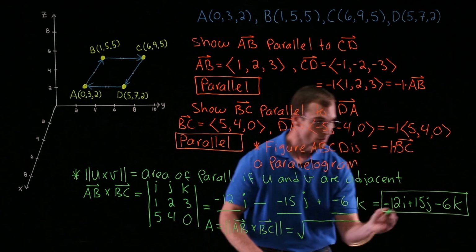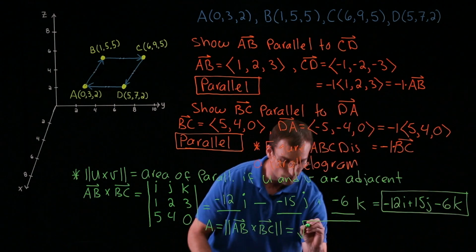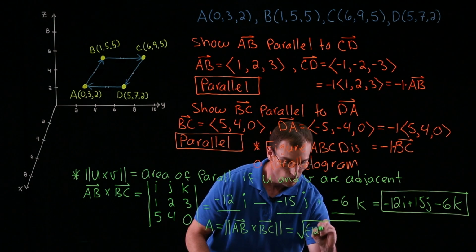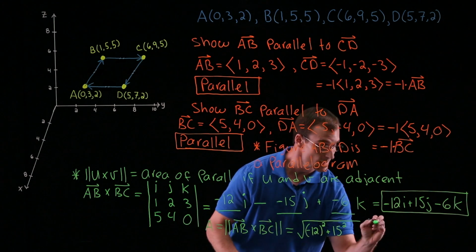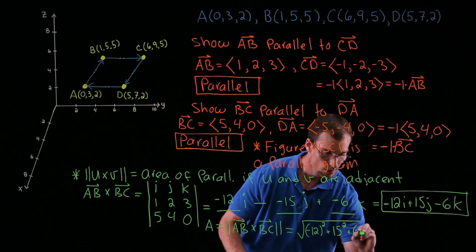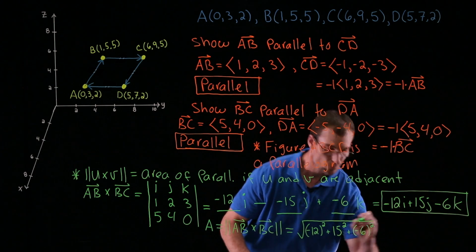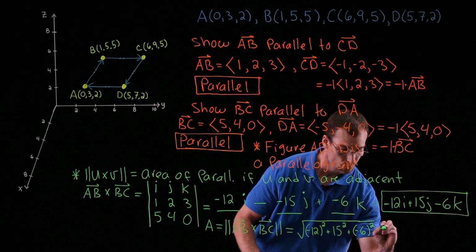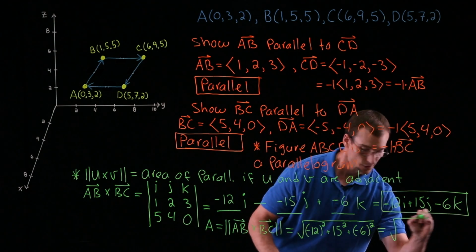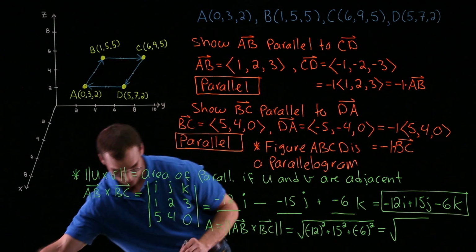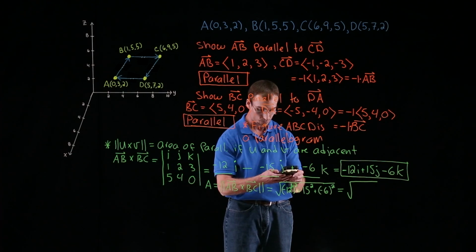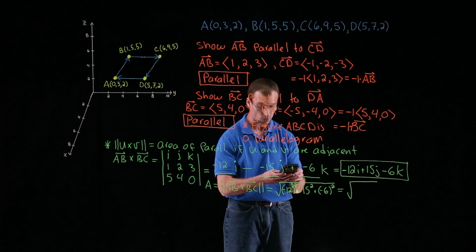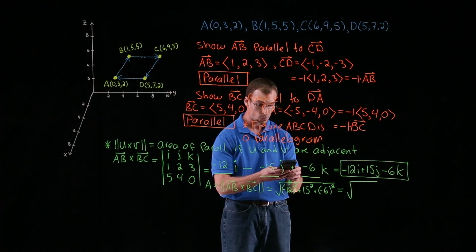So the square root of negative 12 squared plus 15 squared plus negative 6 squared. Okay? And so that's the square root of, let's take our calculator. So negative 12 squared plus 15 squared plus negative 6 squared.